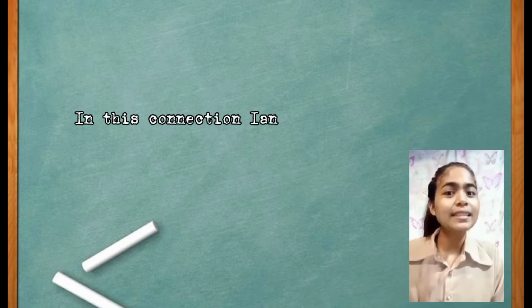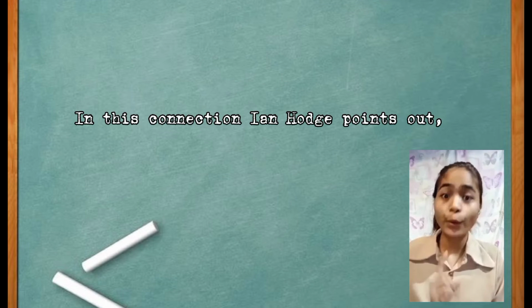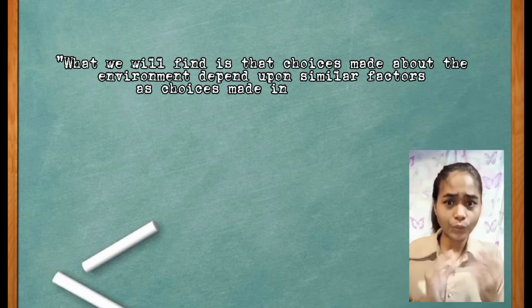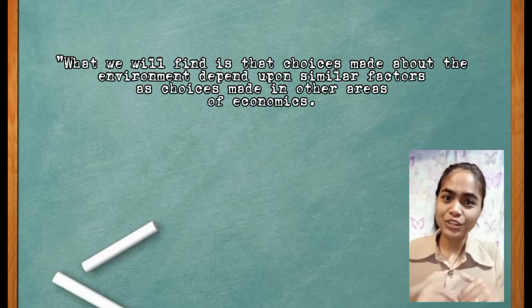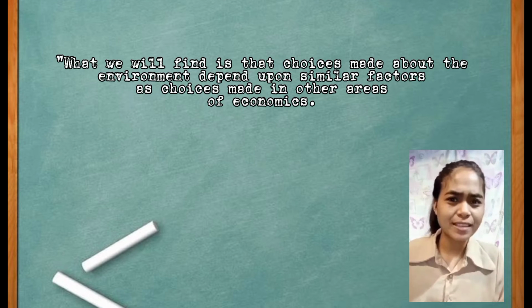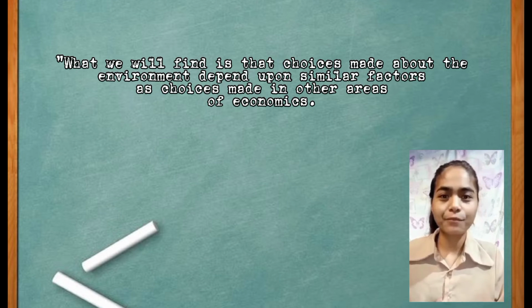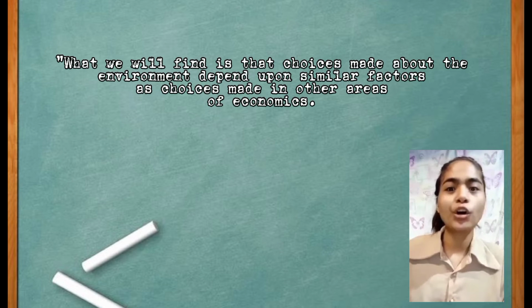In this connection, Ian Hood points out: what we will find in the choices made about the environment depends upon similar factors as the choices made in other areas of economics.